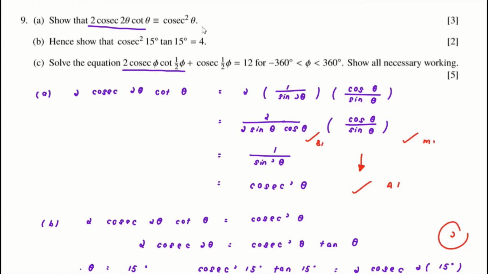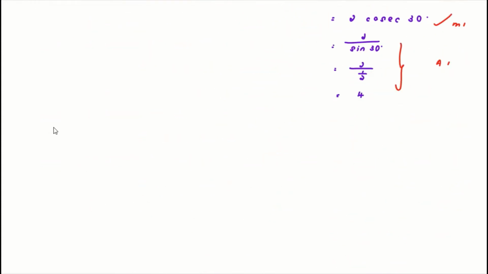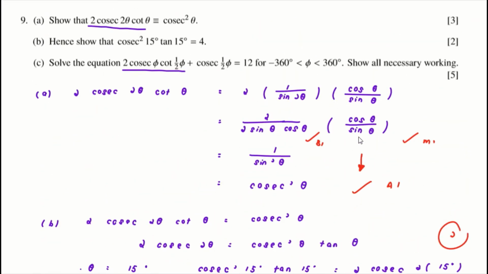So that's the idea. Okay, so let me try to just copy the equation first. So this is part C. Okay, so 2 cosecant phi cotangent 1 over 2 phi. Alright, so I hope you get what I mean just now. So in this case, you'll be able to see this and this are the same.